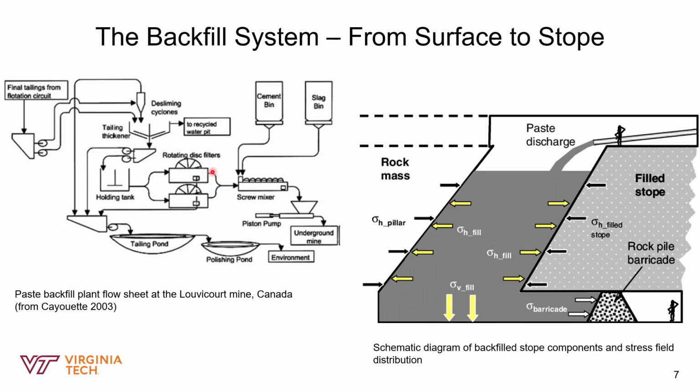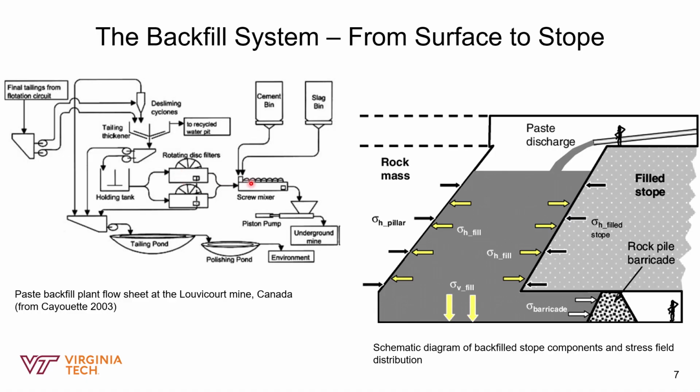It starts with the tailings coming from the mill, from the flotation circuits. That's where everything starts. We run them through thickeners and filters to remove excess water from the tailings coming from the mill. Once we pass through that stage, it finally goes into the mixer.